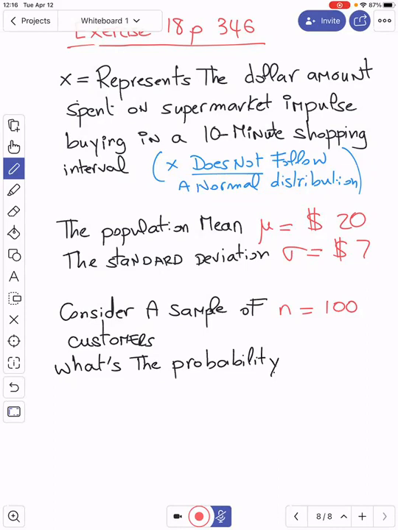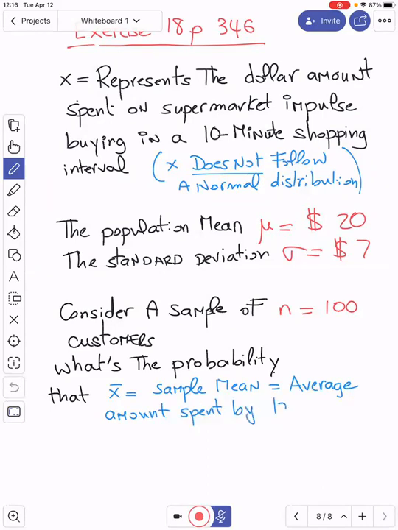Right, we have this random sample of 100 customers.